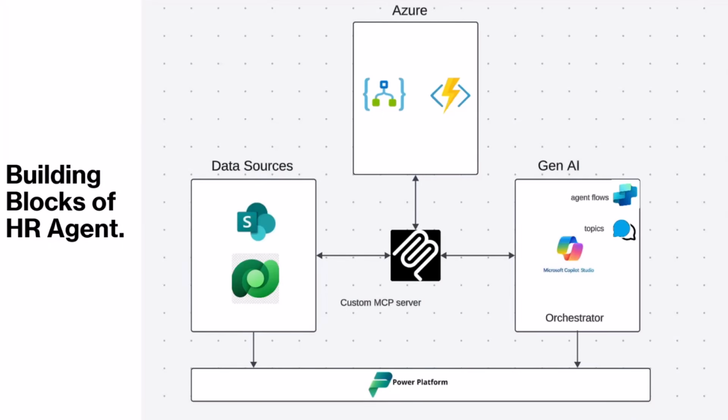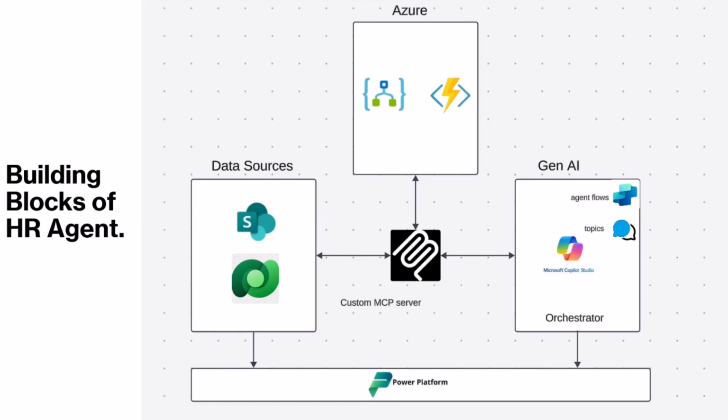The building blocks of this HR agent are, as you can see, a custom MCP server at the center of this whole system, which is built using a Logic App. This custom MCP server is talking to the Copilot, and Copilot is driving that conversation.